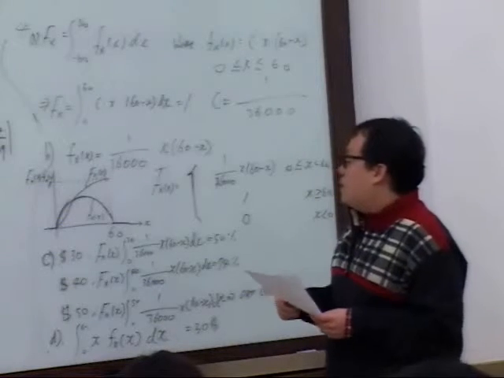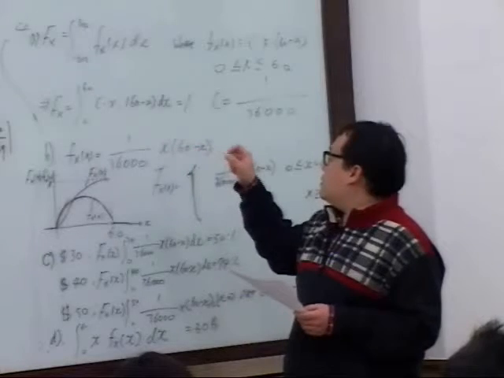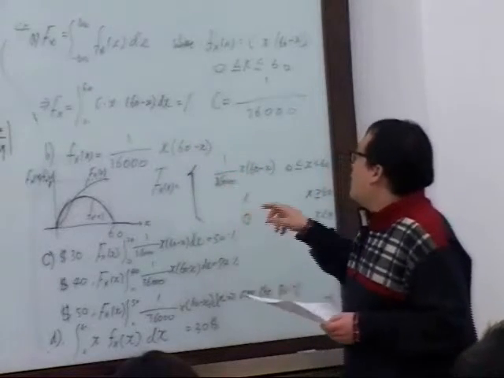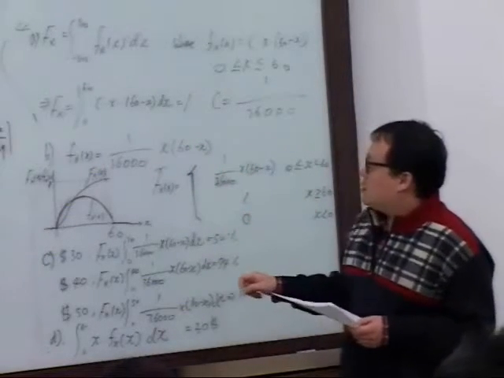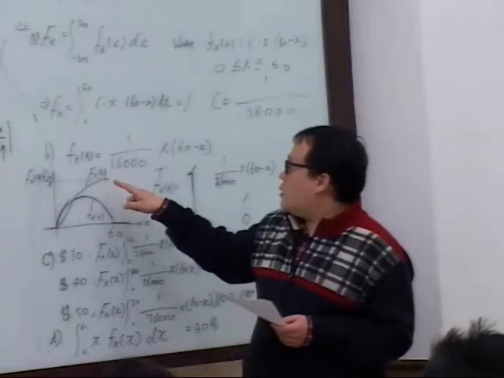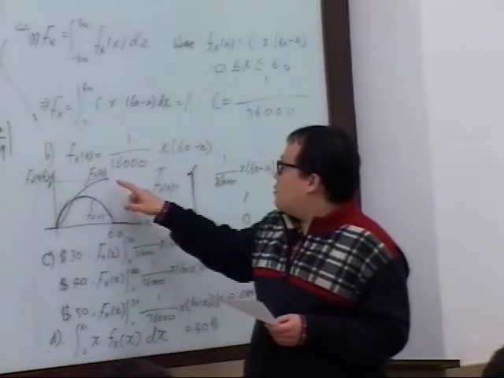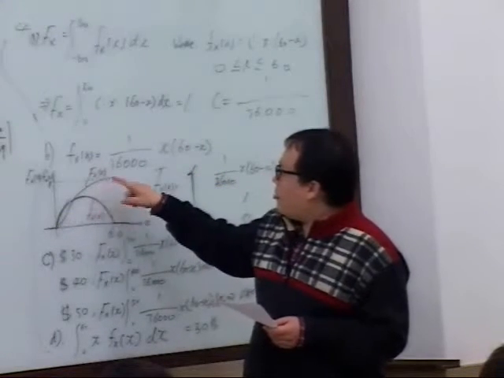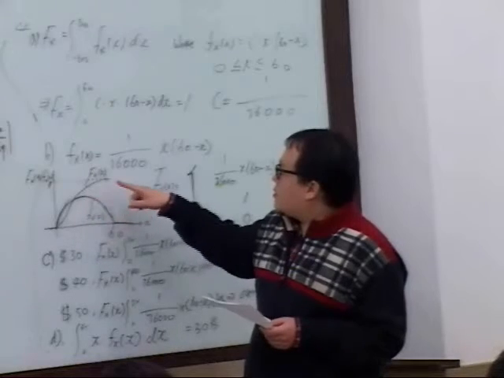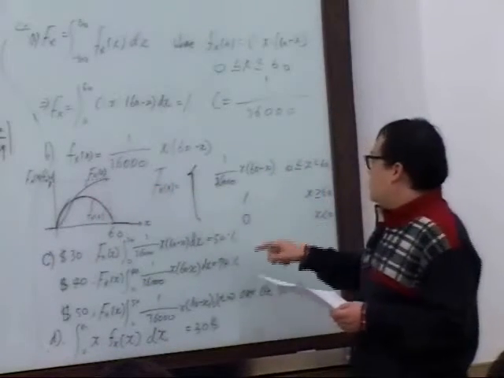Question B is to explain the PDF and CDF. As I mentioned in question 1, when we integrate over the area from 0 to 60, the value of the CDF should be 1.